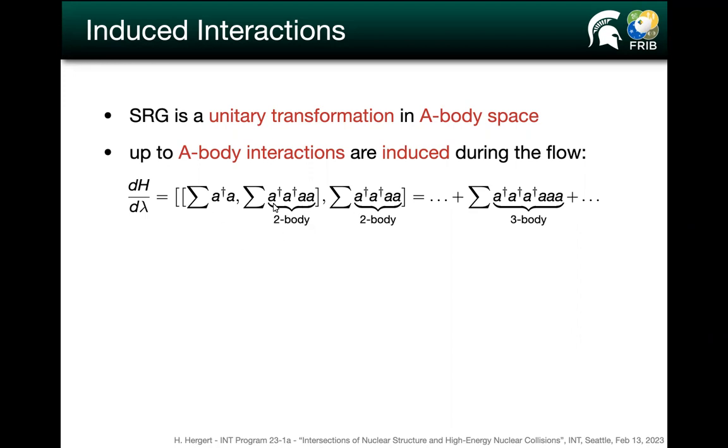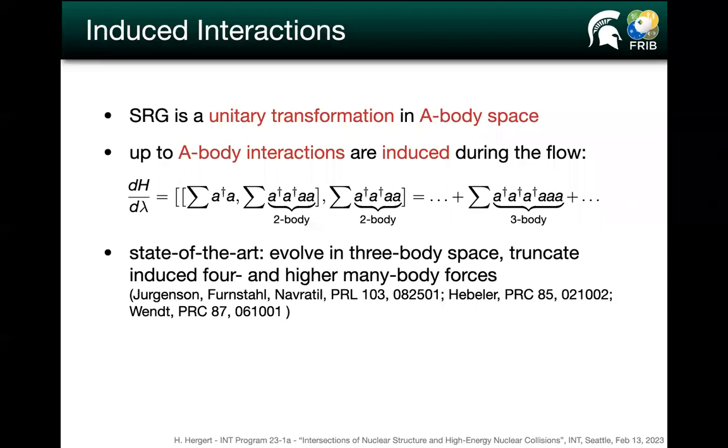And this is illustrated schematically here just in second quantized language. So if you evaluate these commutators right here, a simple one-body with a two-body will create a two-body operator, and then a commutator of a two-body operator with a two-body operator generates a three-body already in the first integration step. And as you take more and more integration steps, now you have to evaluate commutators of three-body with three-body operators, which goes up to five-body, etc., etc. So these induced forces are there, and they are, of course, in principle, a problem.